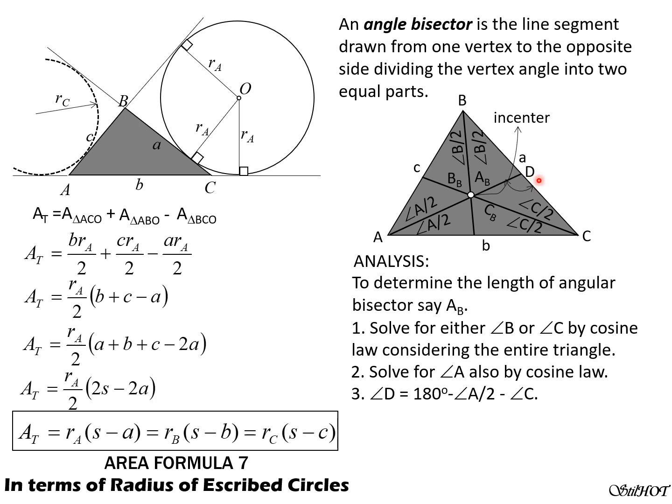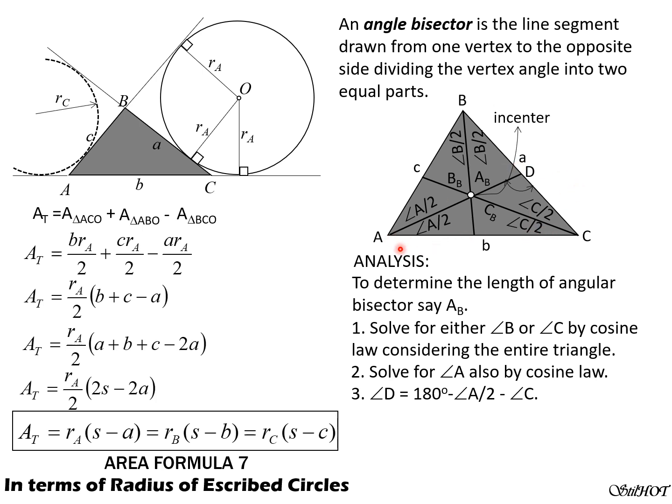For example, that angle D in this lower triangle is equal to 180 degrees minus angle A over 2 minus angle C. Because remember we compute angle C by cosine law, considering the entire triangle, and we also compute angle A also by cosine law. We just solve two angles by cosine law. From there, we can analyze the length of the angle bisector.